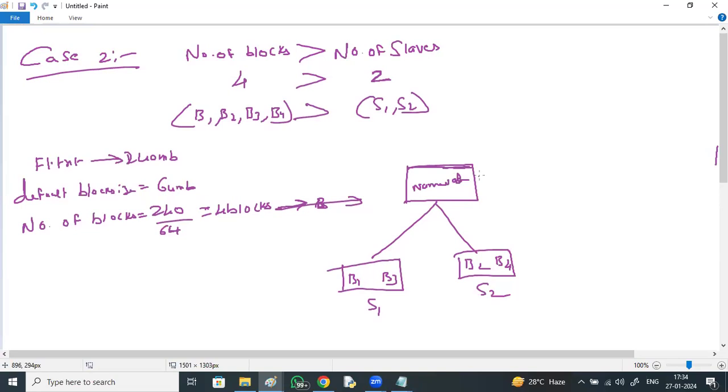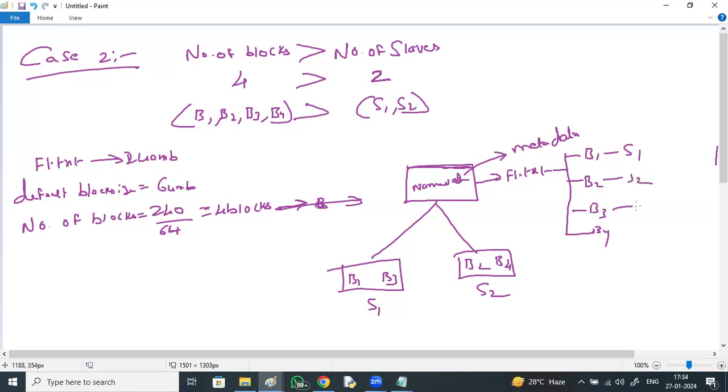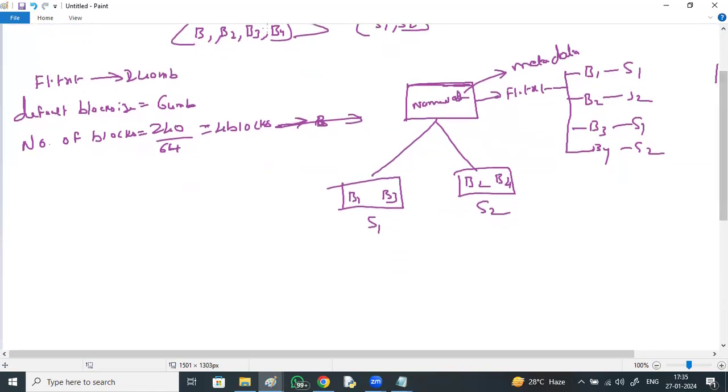Name node stores metadata information: f1.txt is divided into 4 blocks, B1, B2, B3, and B4. B1 in S1, B2 in S2, B3 in S1 again, B4 in S2. This is how the data is stored.